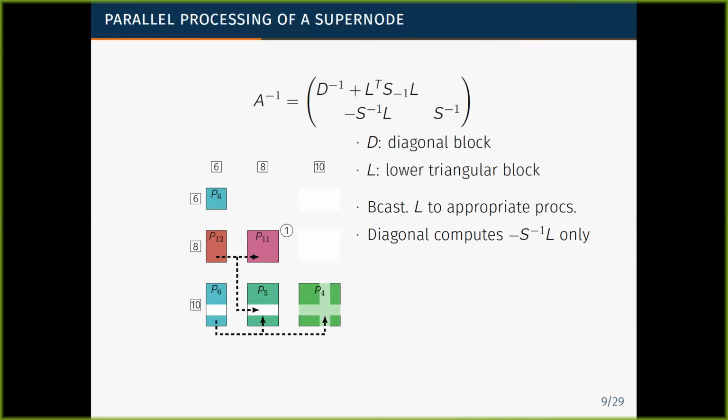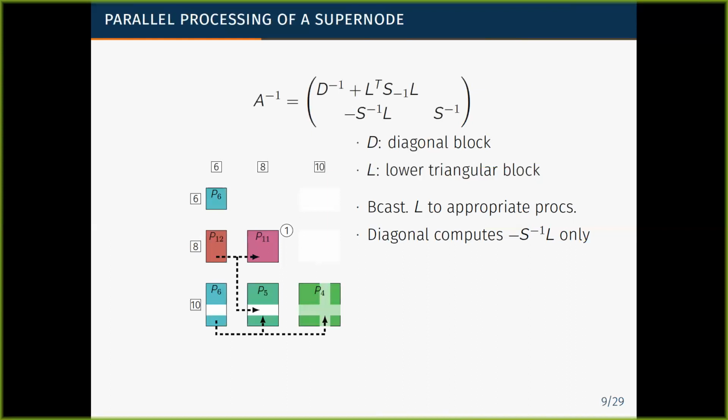In terms of computations, there is a difference between this algorithm and the previous one, in the sense that the number of updates, the number of contributions computed by a processor, is going to be different.